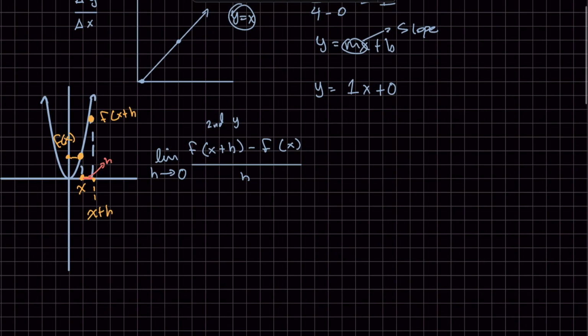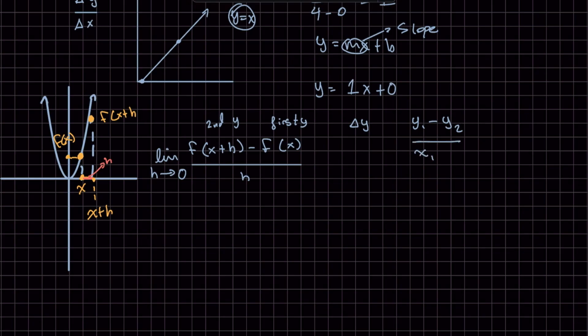This f of x plus h is the second y value, and the first one is the first y value. So this is the change in y, y2 minus y1, over the change in x. H is just the change in x.